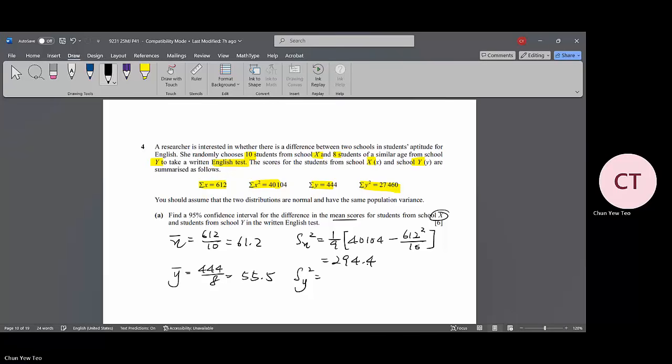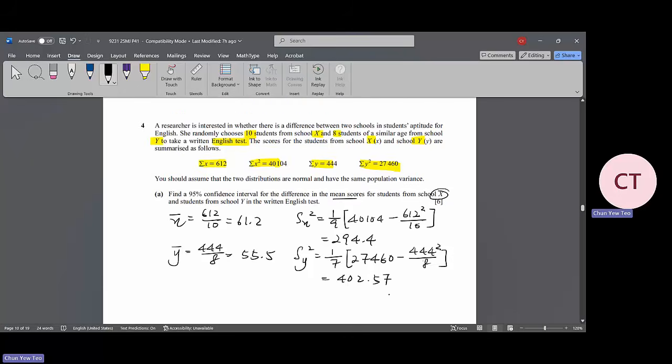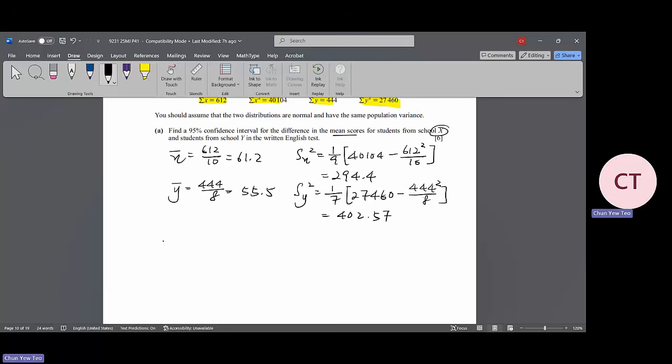Same thing for Y: 1 over 7 times (27460 minus 444 squared divided by 8). Press the calculator and you will get 402.57.